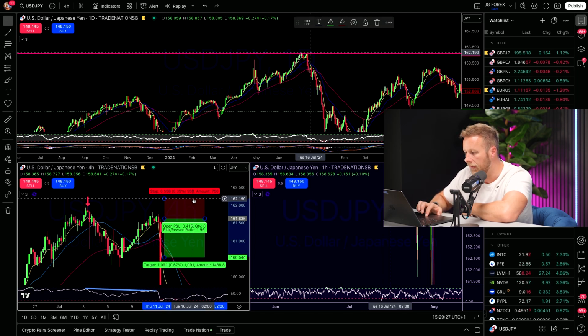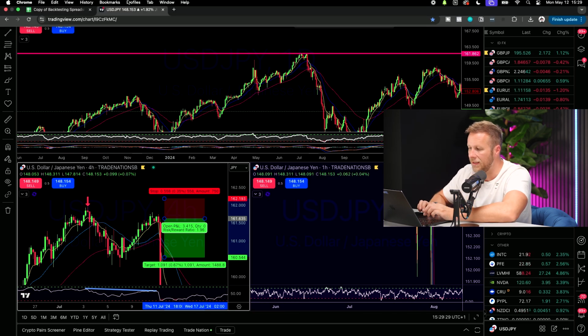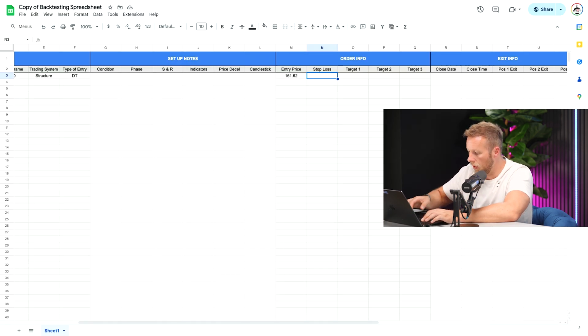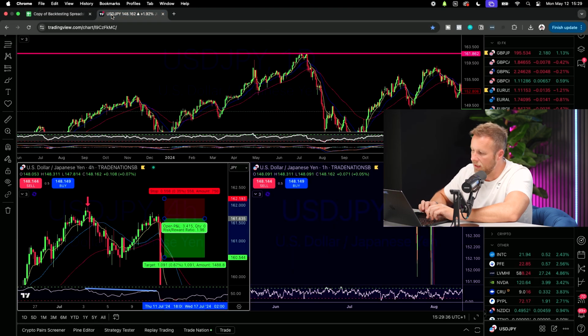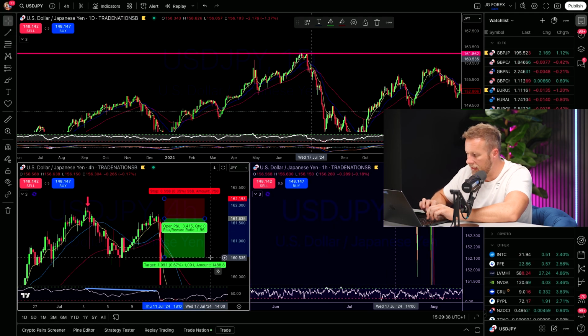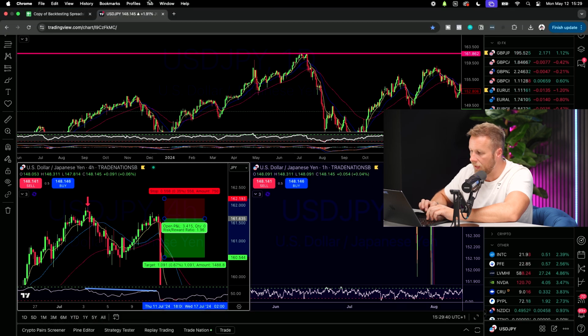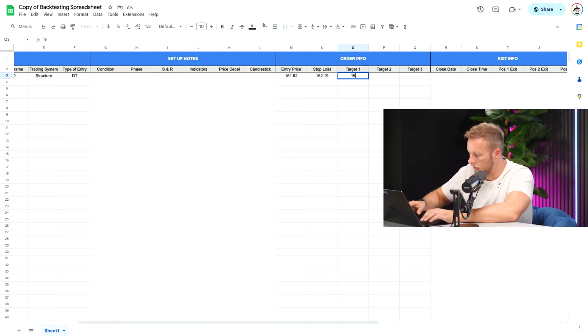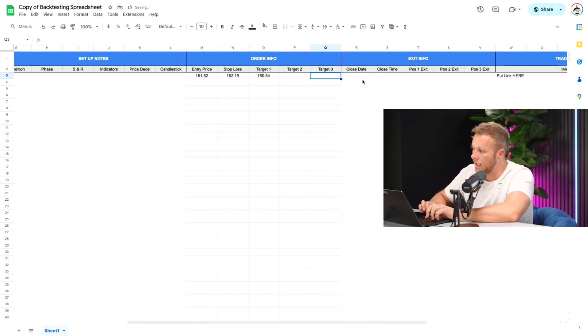So the stop loss is 162.19, okay? 162.19, and the target one, I said, was at 160.54, okay? We've not got target 2, we've not got target 3, and then the close date, right?